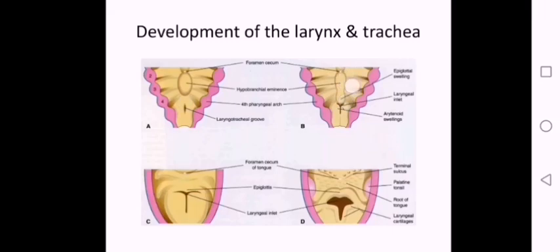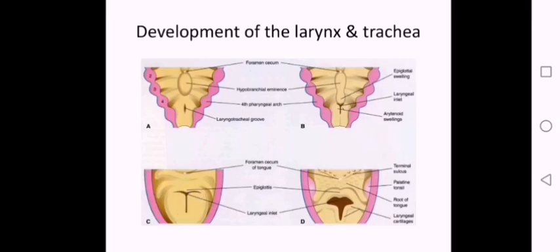The cranial part will form part of the tongue, the most dorsal part of the tongue, while the caudal end of the hypobranchial eminence will differentiate to form the epiglottis, which will form the guard of the laryngeal inlet, which is converted from a slit-like shape to a T-shaped laryngeal inlet.